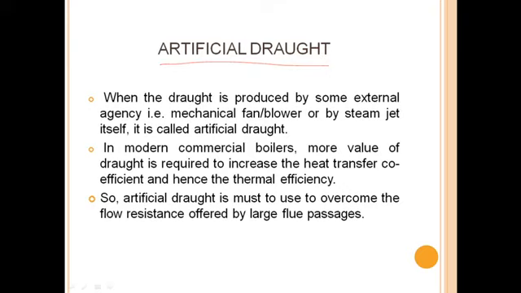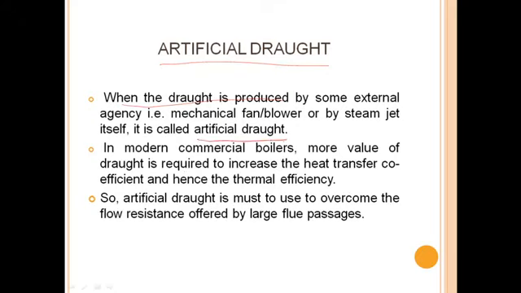In artificial draught, the draught is produced by some external agency. Earlier it was produced naturally. When it is produced by some external agency like a mechanical fan, blower, or steam jet, then it is called artificial draught.